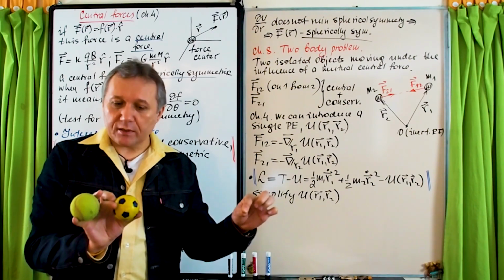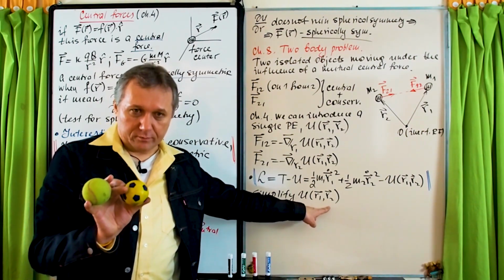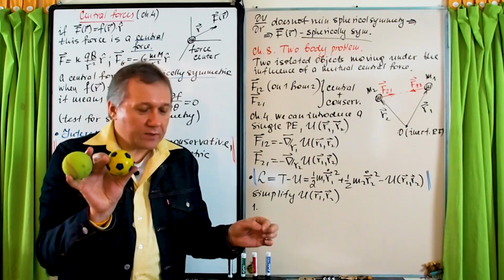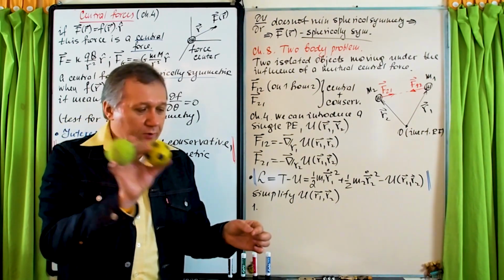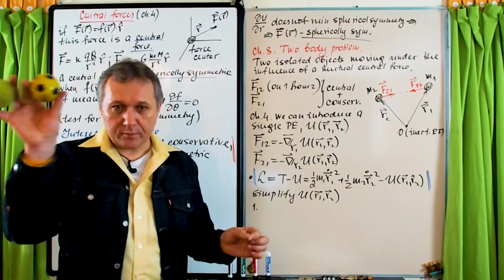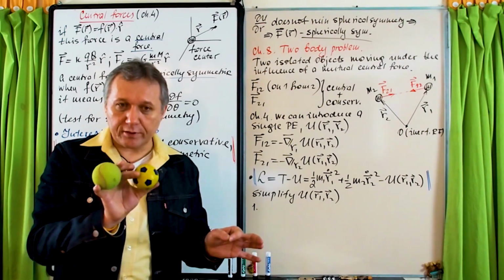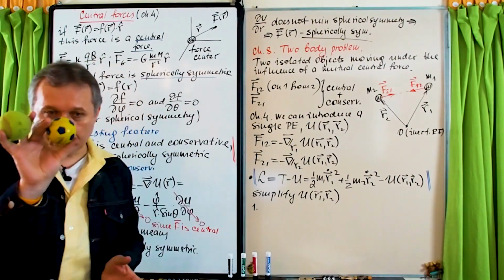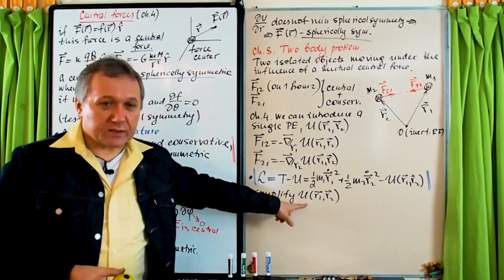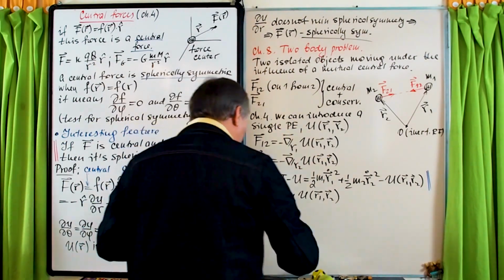It means the potential energy should not depend just on R1 and R2. It should depend on R1 minus R2, because with no external forces, it doesn't matter where the system is relative to the origin. Of course, if you don't change orientation, if you just move the whole system as a frozen body. So then we can simplify the potential energy. That's the first step.